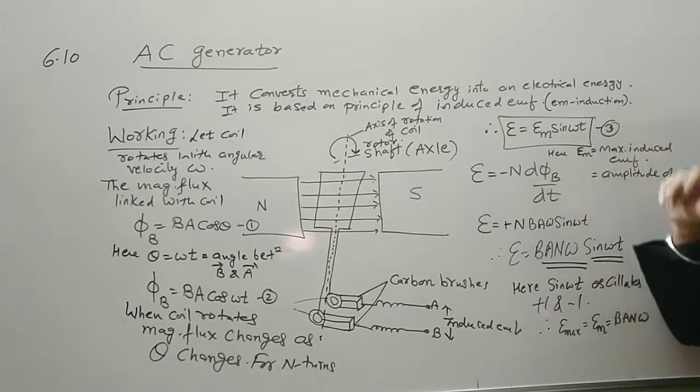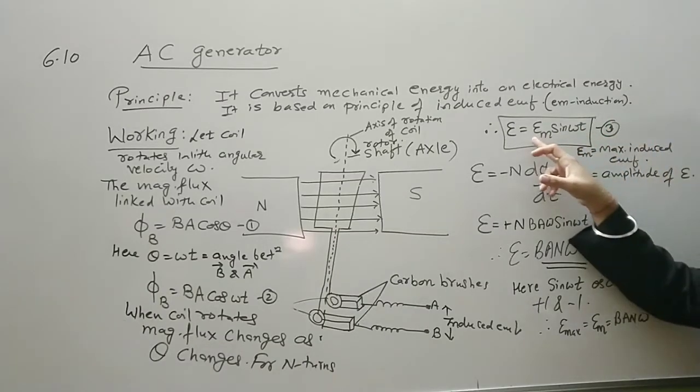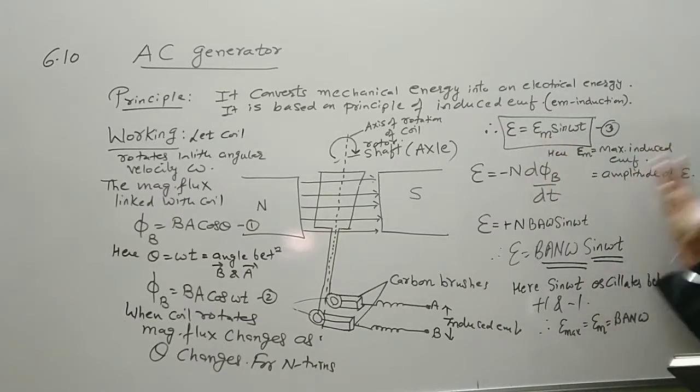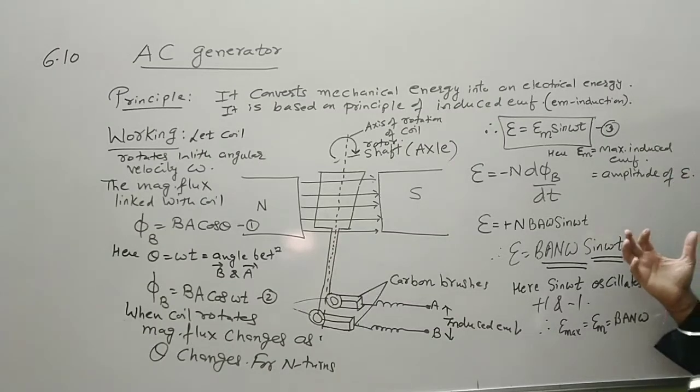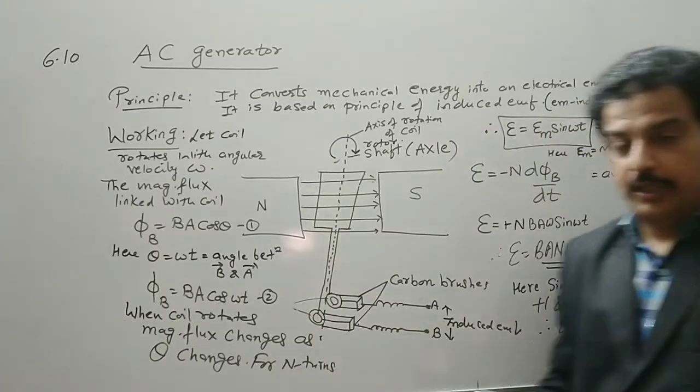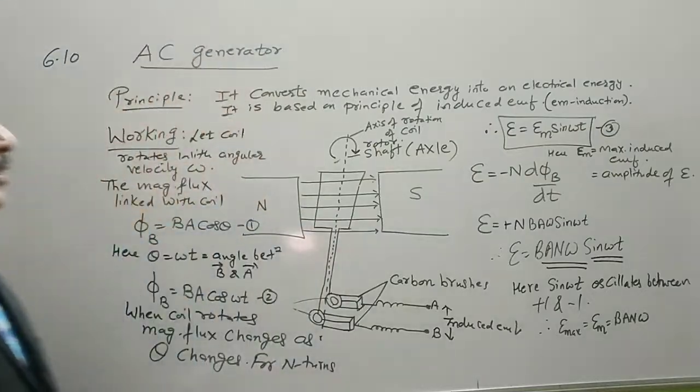Sin 90 or sin 270 will be maximum, that is plus minus EM. This is the maximum value of the induced EMF, which in the coming AC lecture, alternating current chapter, we will also call the amplitude of induced EMF. So this is the formula for the induced EMF.